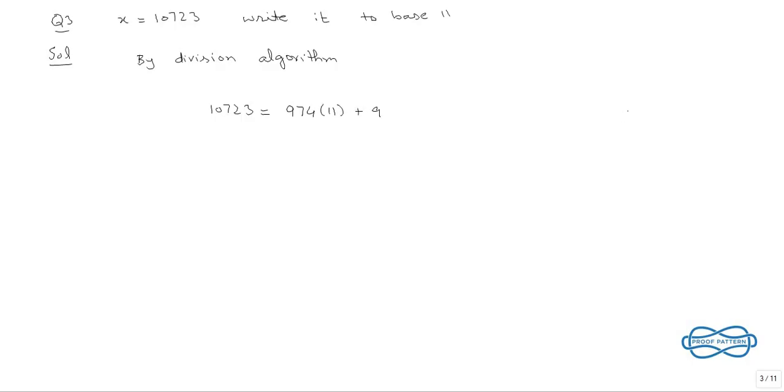Okay, here 974 further using division algorithm can be written as 88 times 11 plus 6. So replacing the value of this 974, here we will get 11 times 88 into 11 plus 6 plus 9. Instead of this 974, we have written this value.